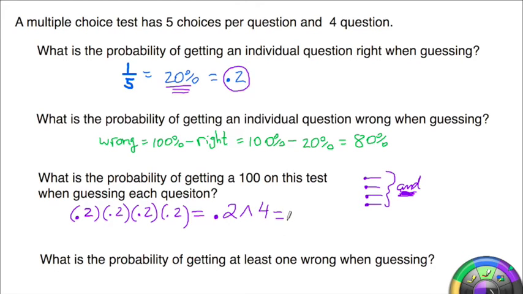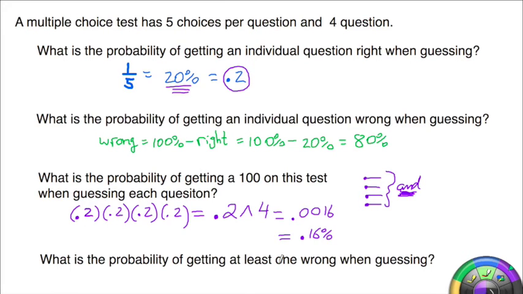And this is going to give us an answer of, let's see here, 0.2 raised to the 4th power, 0.0016. Now remember, this is a decimal, 0.0016. So if we want to change it into a percent, we'd have to multiply it by 100, and this would be a 0.16% chance of getting 100 on this test. So in other words, just by guessing, more than likely you're not going to get 100.